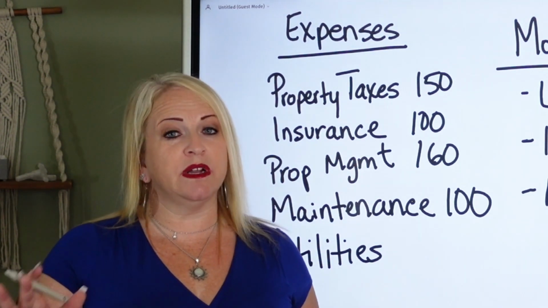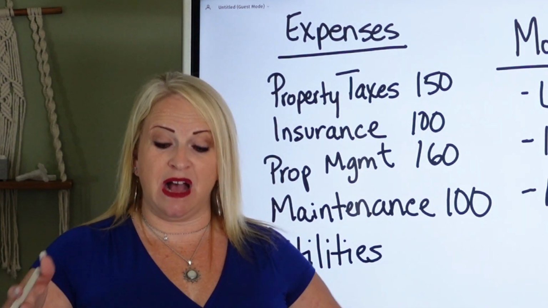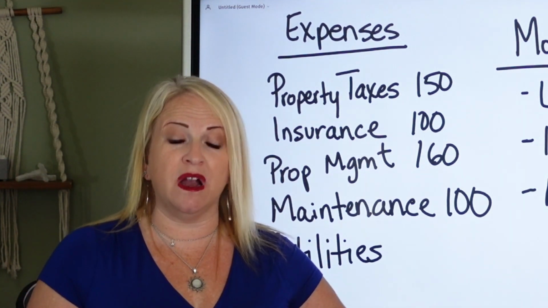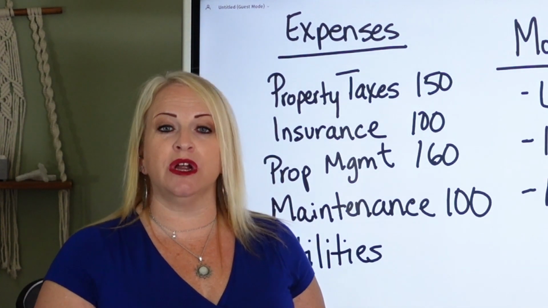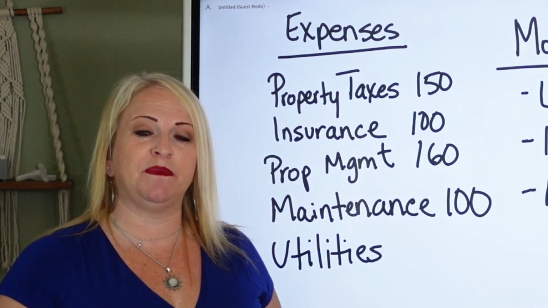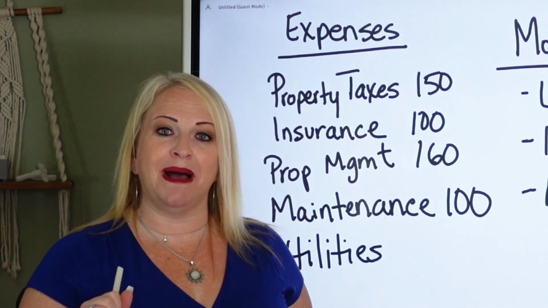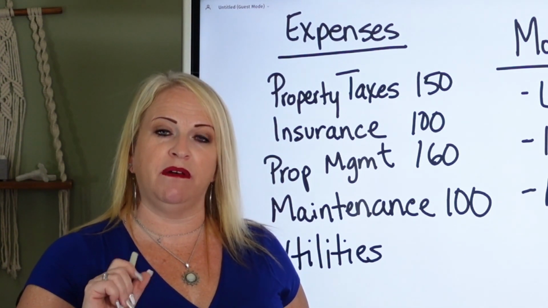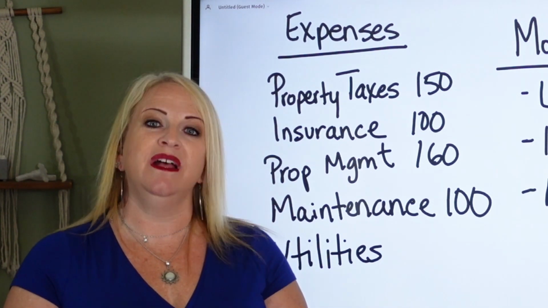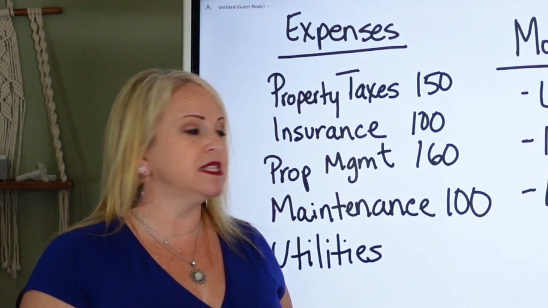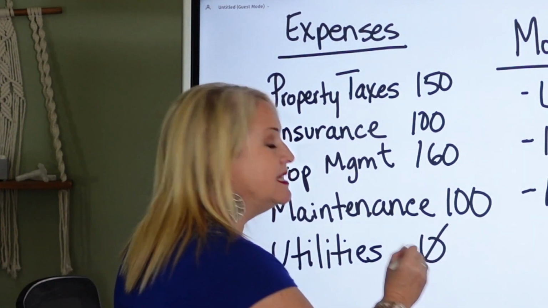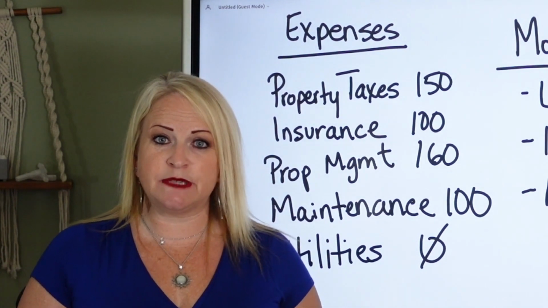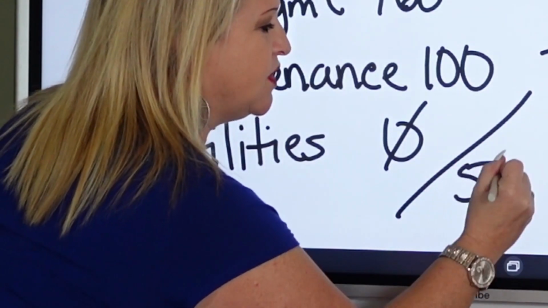But I'm telling you, for a duplex, even if you have 1 meter for both water and sewer, I always instruct my property manager to let the tenants know that they are still responsible for it. So the bill will be in my company, my LLC's name, but every month we bill out the water and sewer to the tenants. So in this case, I'm going to say 0. So our total operating expenses for the month are going to be $510.